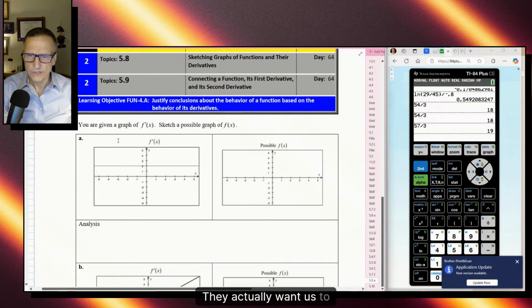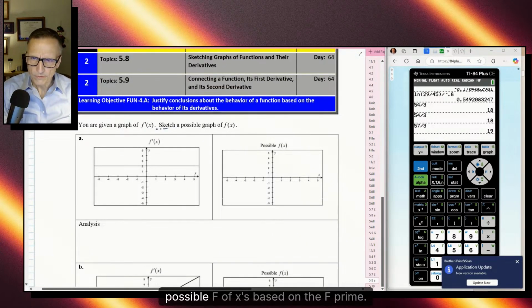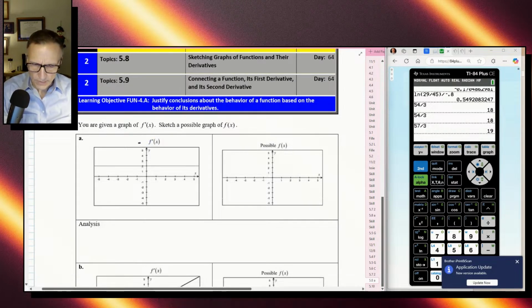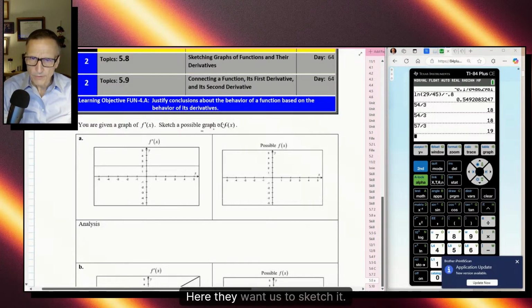Here, they actually want us to sketch possible f of x's based on the f prime. The good exercises you'll see in Delta Math are they start you off with just trying to draw the right conclusions about a function or its derivative based on a graph. Here they want us to sketch it.